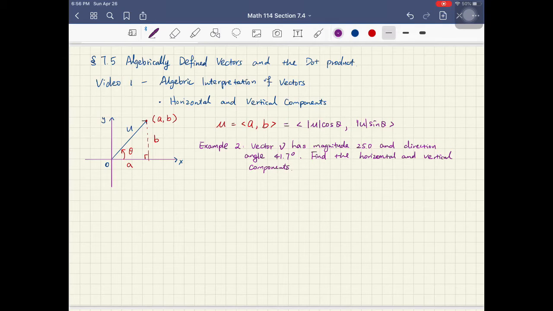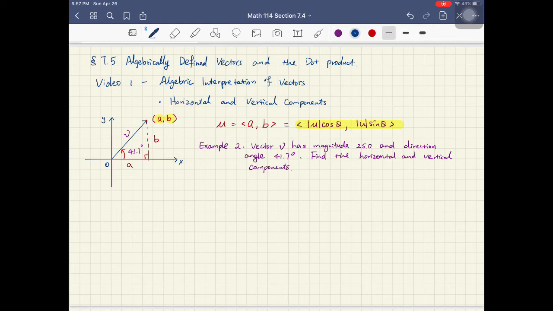So to do it, I'm going to say this is my v, with angle 41.7, and then what I'm looking for are the a and the b. So to find it, I can use the formula that the magnitude of u times cosine of theta is a, and magnitude of u times sine of theta equals b.